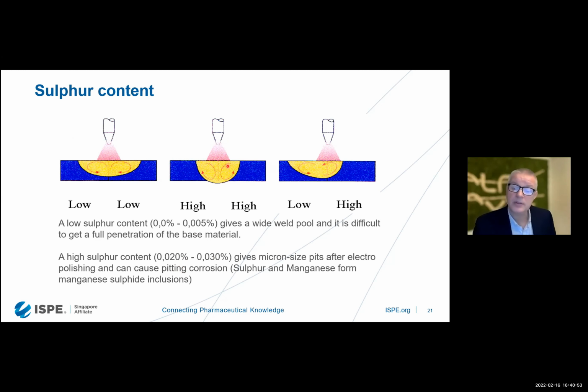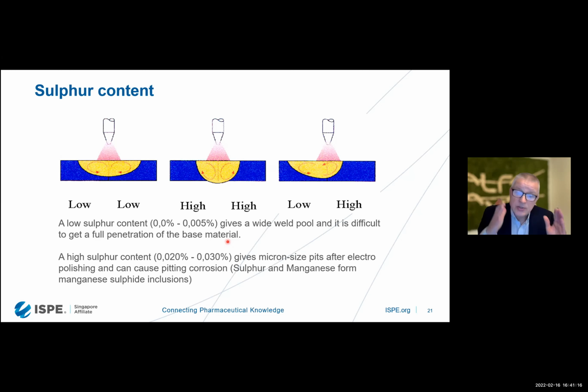But the problem with the sulfur is if it's too much, you will get micron sized pits in the welded area, which then later on will generate pitting corrosion. And these micro-sized pits are sulfur manganese forms, which give inclusions or porosity in the welded area.